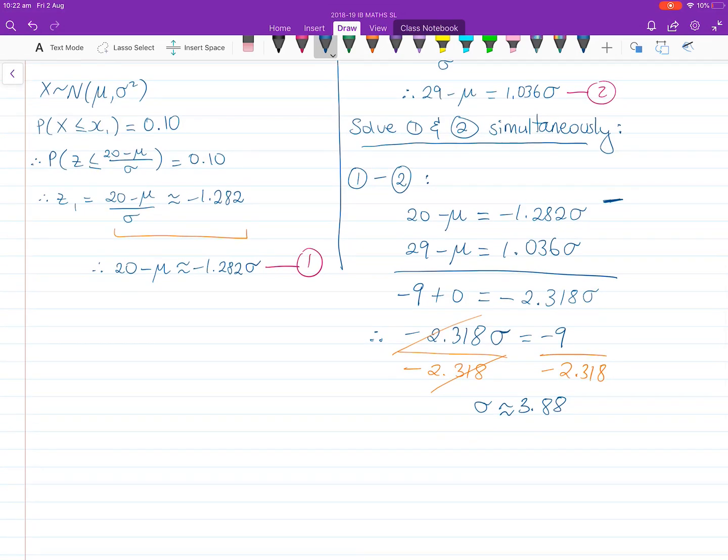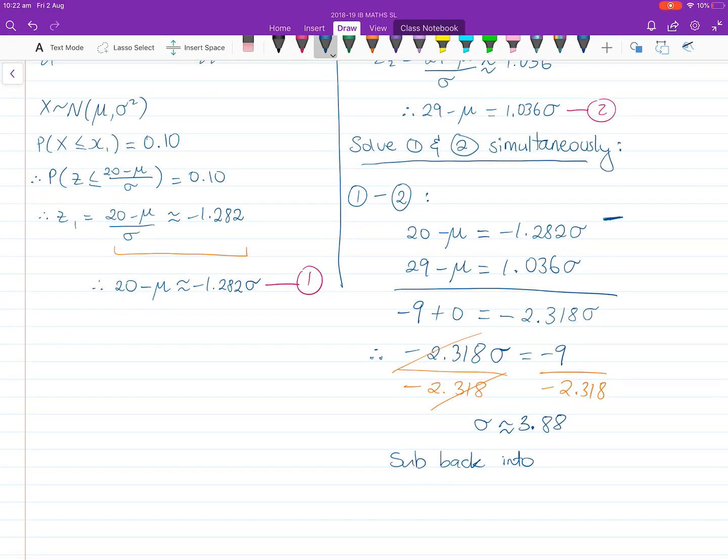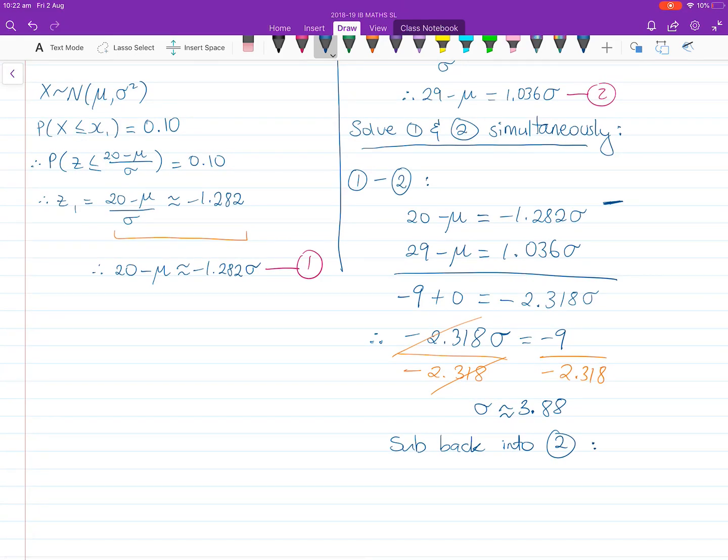Okay, now that we've got that value, we can sub it back into one of the others to get the mean. Both of them are really similar. I might choose number 2, so then we don't have to mess with negatives. We still kind of have to anyway, but 29 minus mu is equal to 1.036 times sigma, which is 3.88.